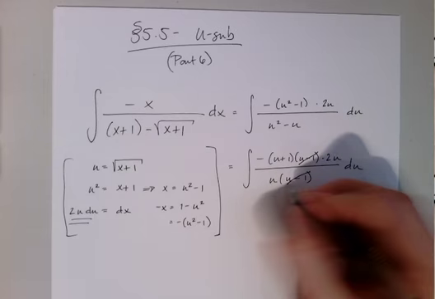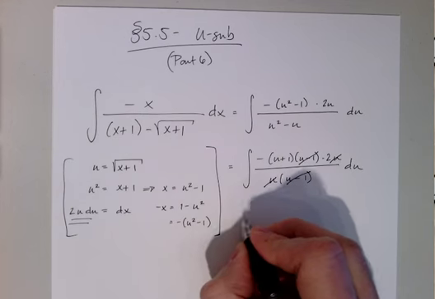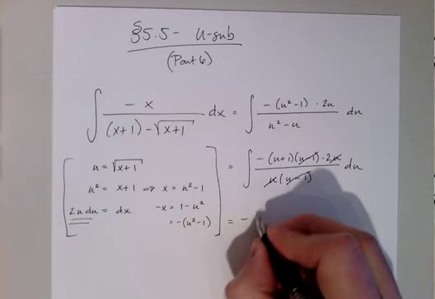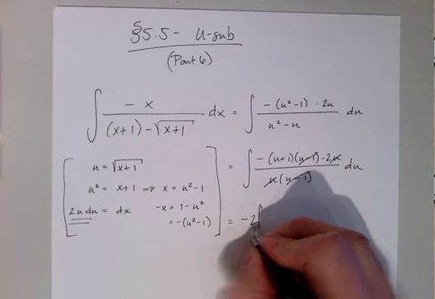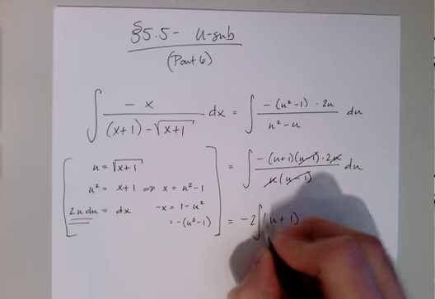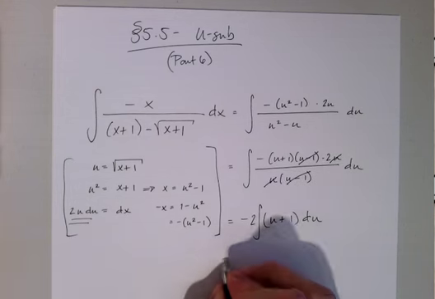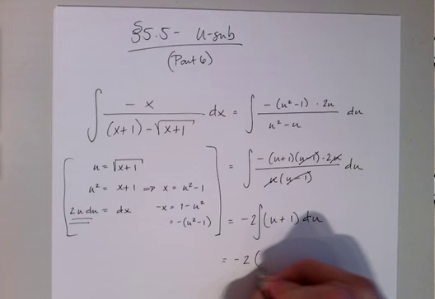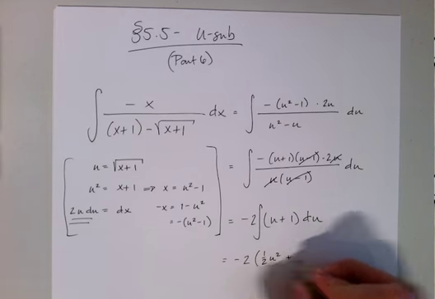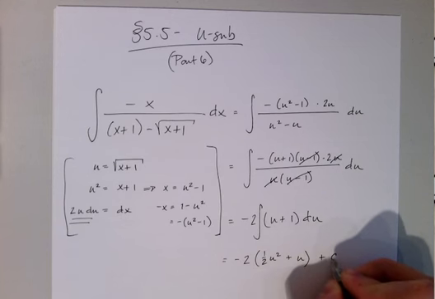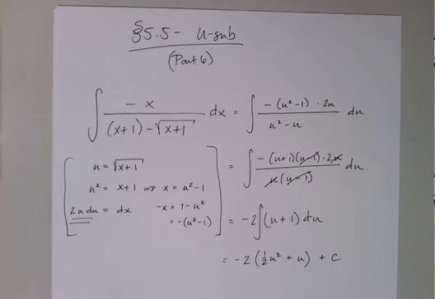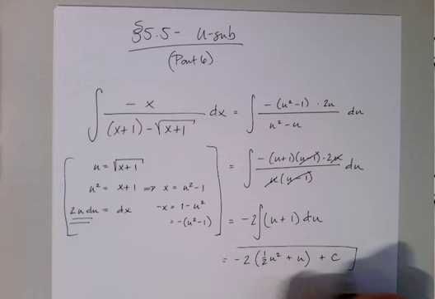Boom, boom, boom, boom, and all of a sudden I actually have a very, very easy integral, okay? And so I have negative 2 times 1/2 u squared plus u plus c. And of course you can distribute the negative 2, but you get the idea, okay?